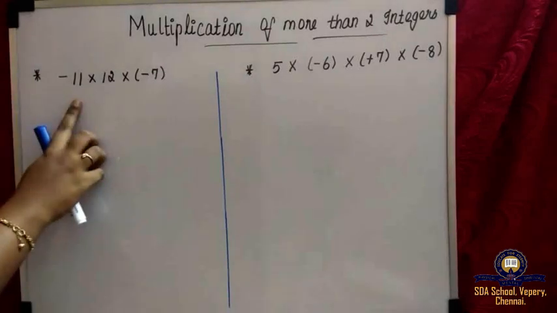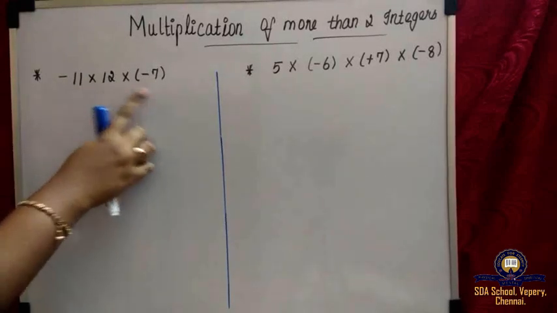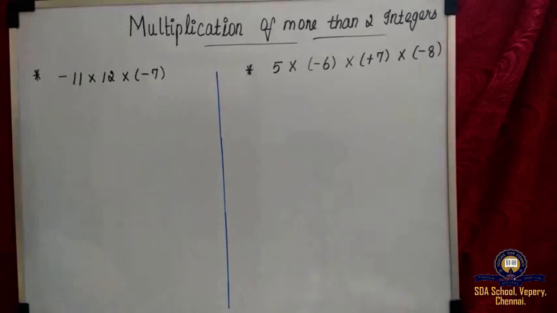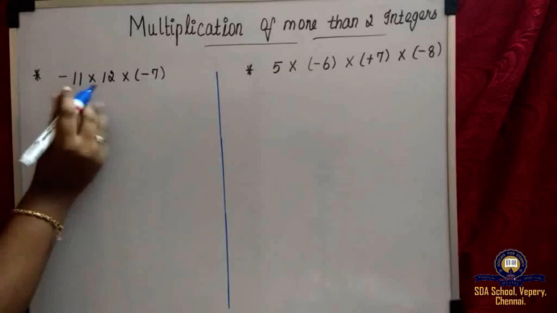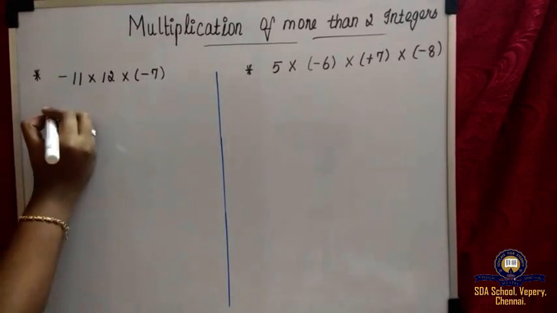When you look here there are 3 integers: minus 11, 12, minus 7. So we have to find the product. First we will find the product of the first 2 integers and get the resultant, and then we will multiply the resultant with the third integer. So first we will find minus 11 into 12.